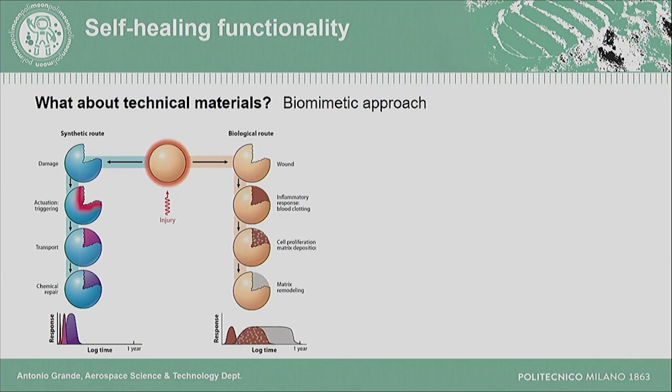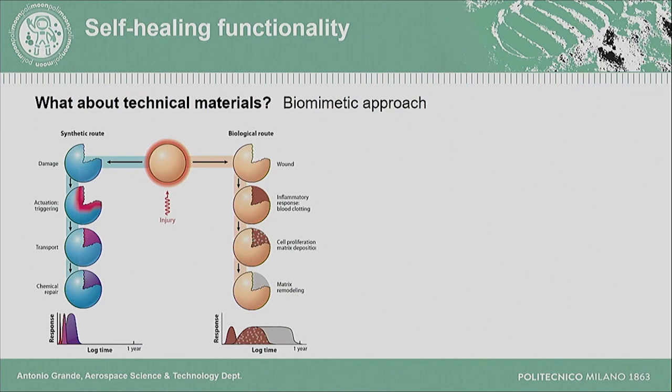In nature, this kind of mechanism can also take 1 year. For example, to completely repair your bone, it will take 1 year. So the synthetic self-healing system should follow all the mechanisms for healing and have a quick response.